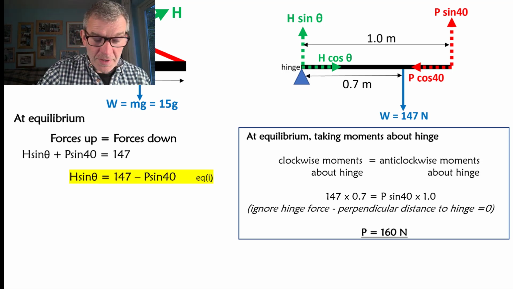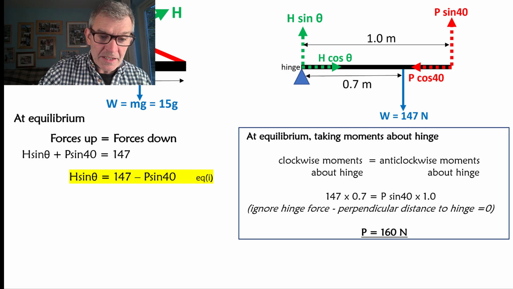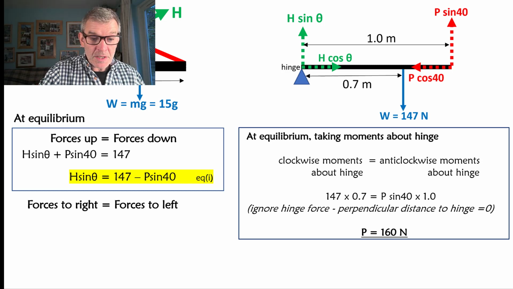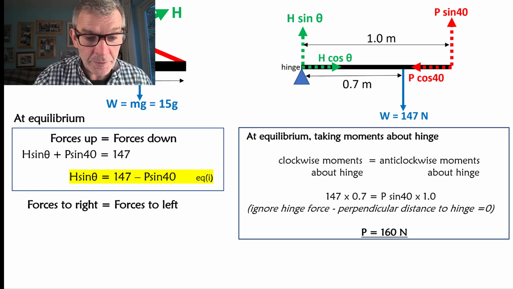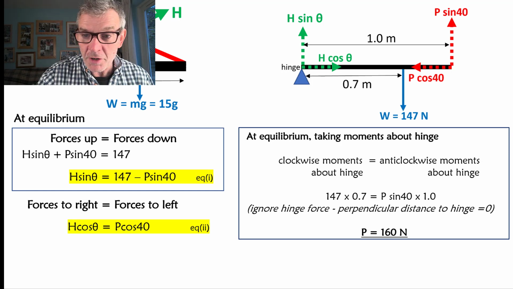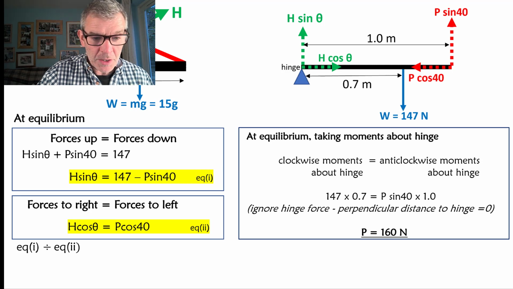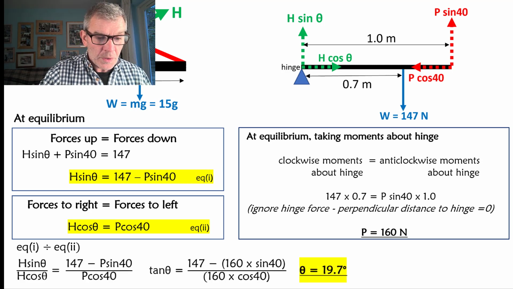We're going to reorganize that equation to get H sine theta by itself, and we're going to call that equation 1. Also, because it's in equilibrium, the forces to the right equal the forces to the left. The force to the right is H cos theta, and that equals the force to the left, which is P cos 40. We'll call that equation 2.